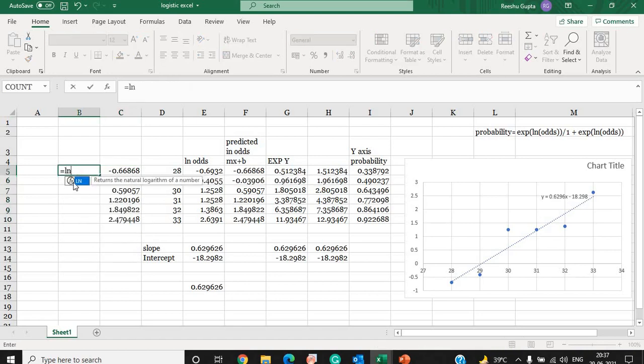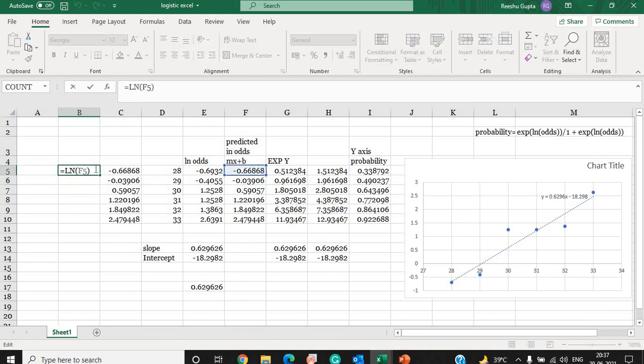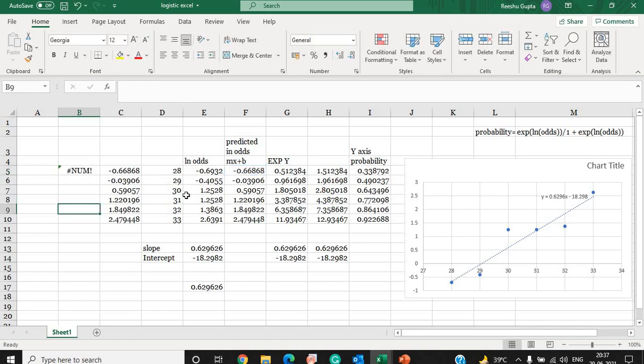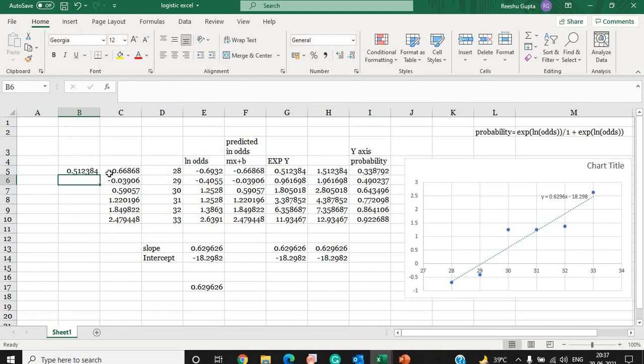Just go to the exponential function and do this, and you will get similar results. So you can just calculate it and you will get this number.